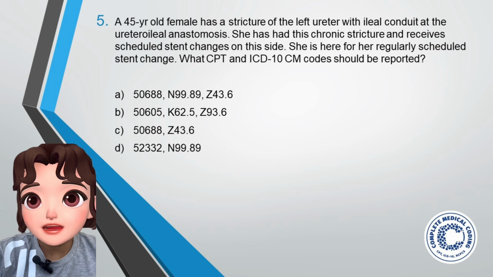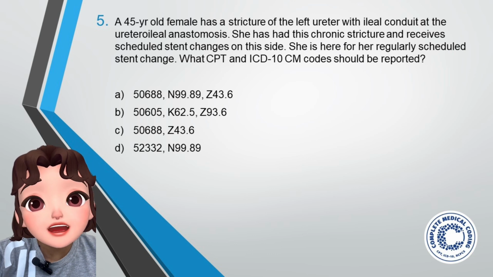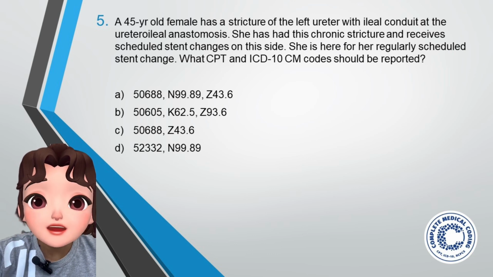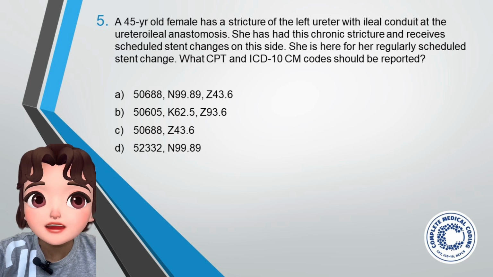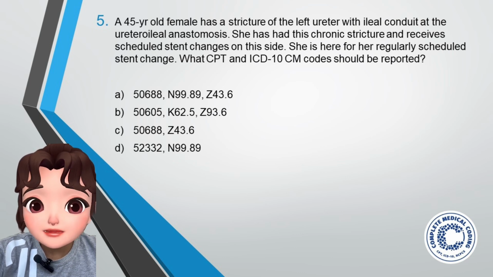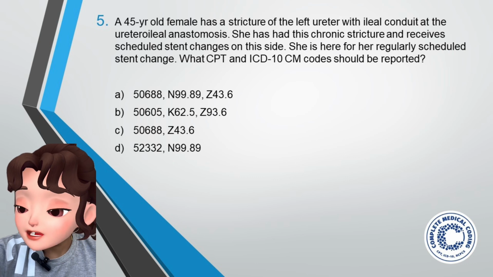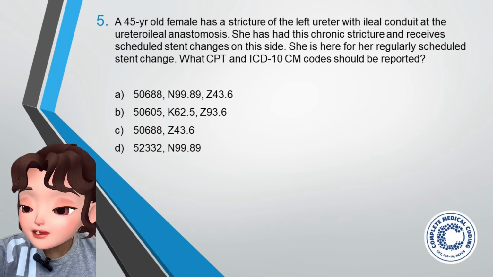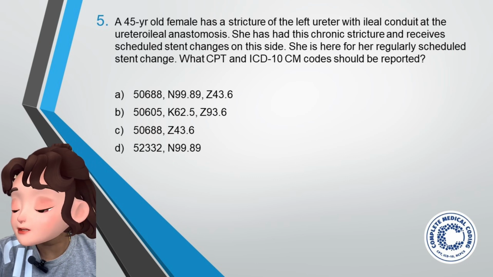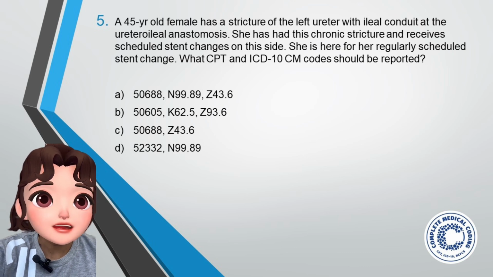She had a chronic stricture and received scheduled stent changes. She came for the scheduled stent change. So she came for the stent change, right? So our CPT code will be 50688, change of ureterostomy tube for the stent change.